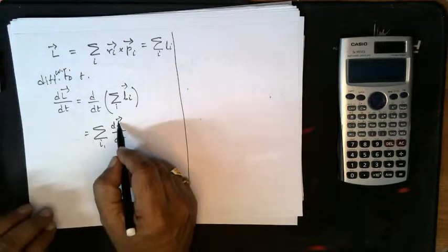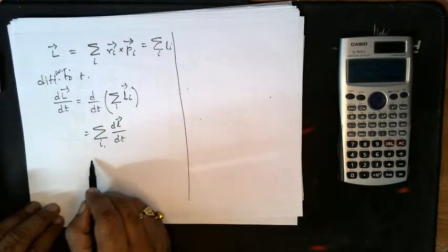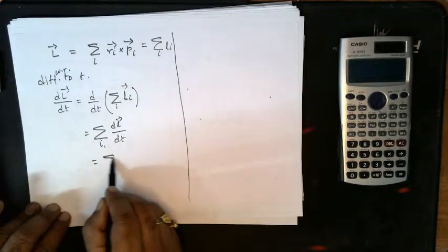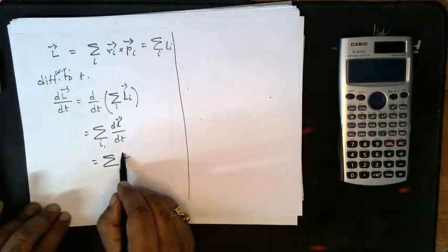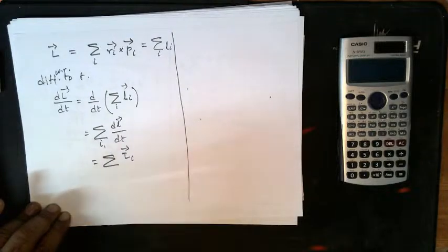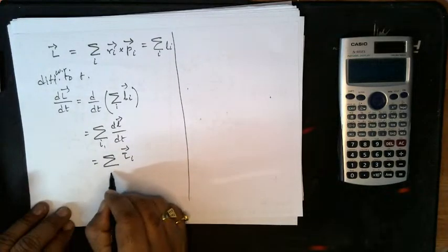And the differentiation of this one is nothing but tau, is it not? So this is nothing but tau i, you can put vector with i.